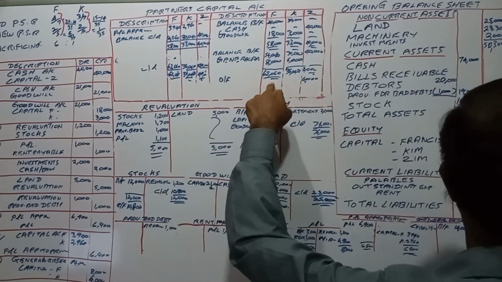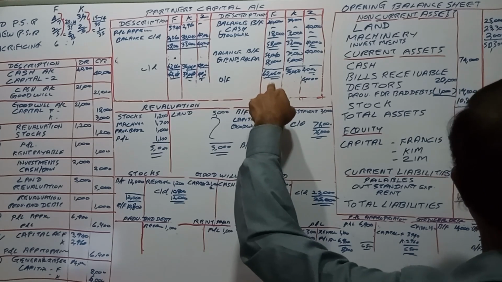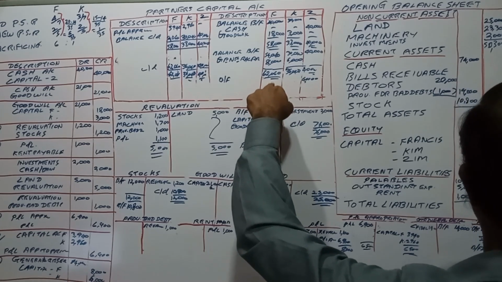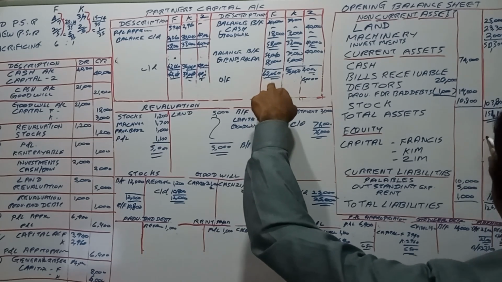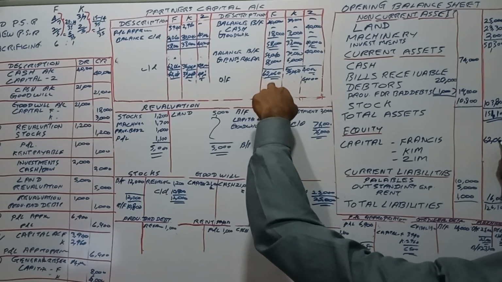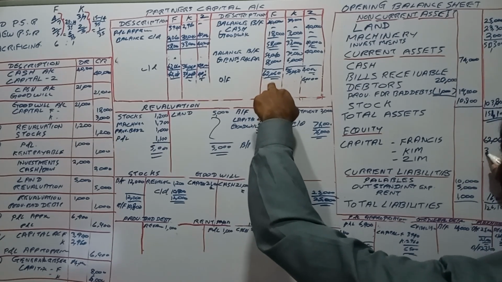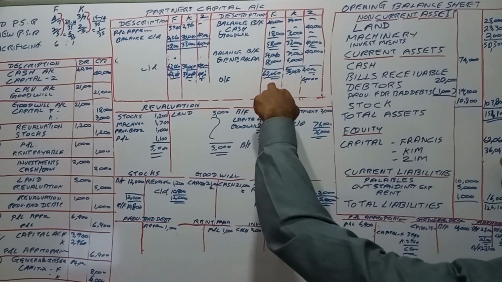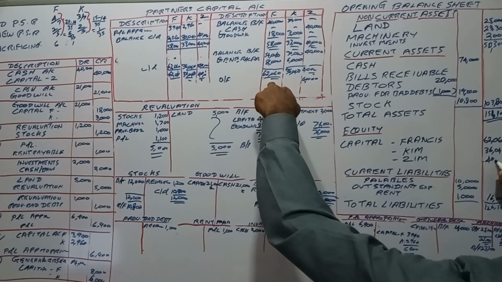Here we will see 62,060, 36,040 and 40,000.